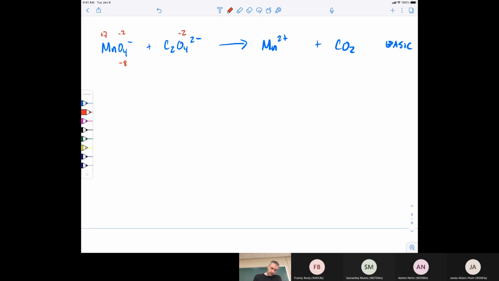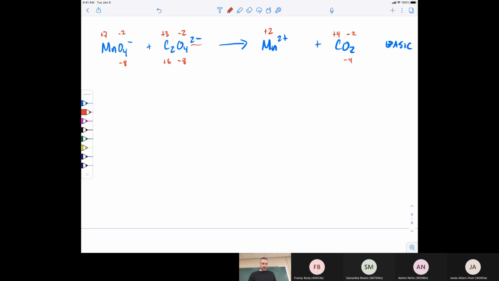That's -2 because oxygen's almost always -2. 4 of them is -8. That means the 2 carbons need to be +6, because they add together to give you the charge, which is -2. Since there's 2 of them, each carbon is +3. The manganese is +2. The CO2 is -2, which is -4, so the carbon becomes +4.